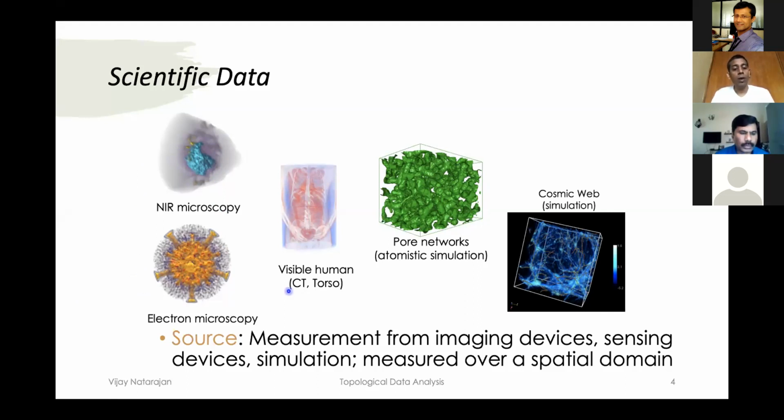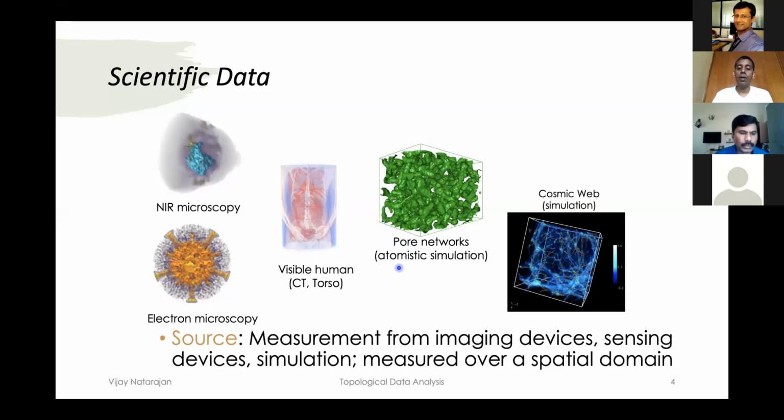It could come from devices such as CT scanners, which image the human body in order to understand the bone structure and then maybe some tissue structure. The data could come from sensing devices like thermal scanners and pressure sensors and so on. The data could also come from simulations.